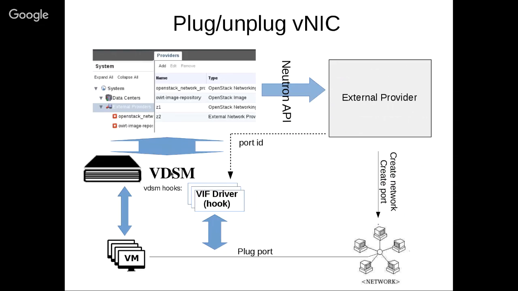It then hands over control to the VIV driver hooks, passing the external port ID. The VIV driver is then responsible for plugging these VNICs to the external networks created by the external provider.